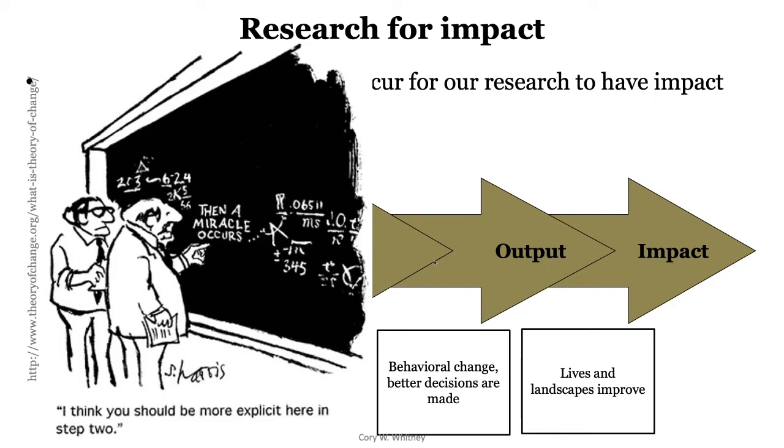And so the professor here is saying, I think you should be more explicit in step 2, where this miracle occurs. And that's what decision analysis really helps with, I think, to be more explicit in that step where we say a miracle occurs. What is actually the functional, operable, impactful output or result of our work that then does create this output and impact ultimately?